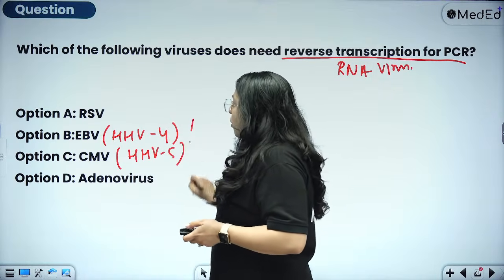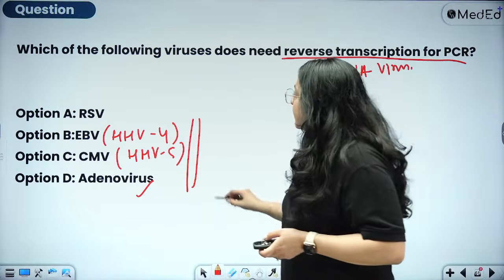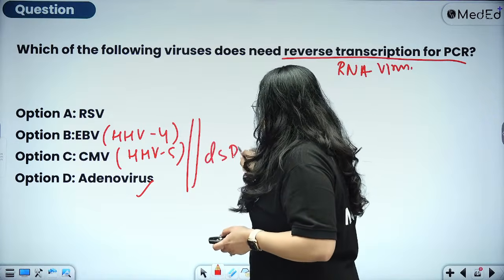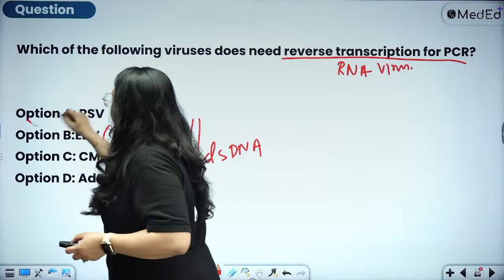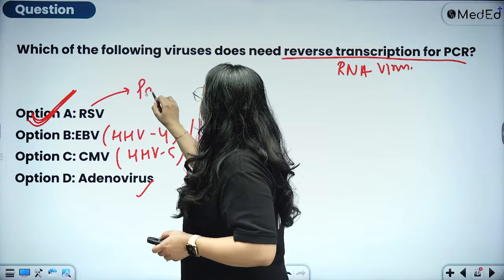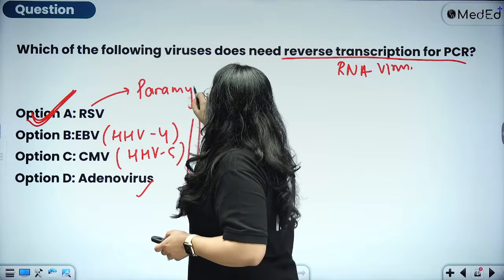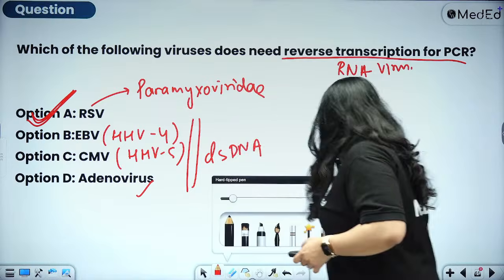We know all three adeno, these are what? These are double-stranded DNA viruses. So, the only one left is respiratory syncytial virus. It belongs to the Paramyxoviridae family. And we know who all are part of the Paramyxoviridae family?